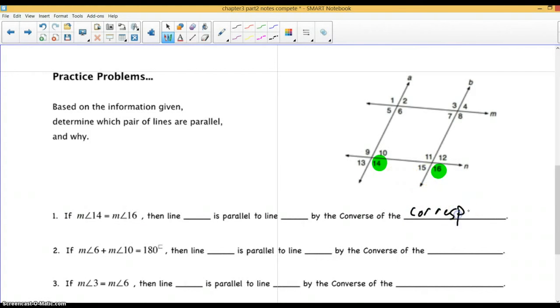And we know that they are equal, because that's given in the first part of our conditional. So line A is parallel to line B by the converse of the corresponding angles postulate.